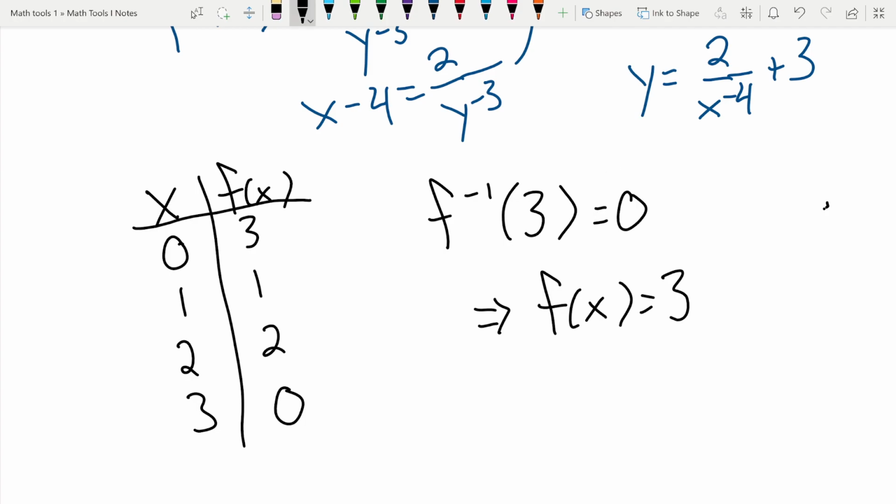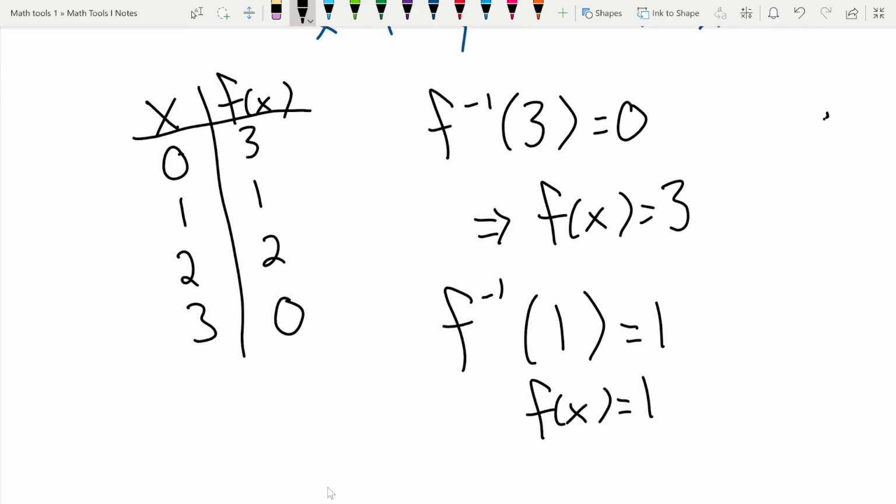So you really want to think about the relationship between f and f inverse here. If we're doing f inverse of 1, in this case we'll get 1, because we're thinking where is f of x equal to 1, which is when x is equal to 1.